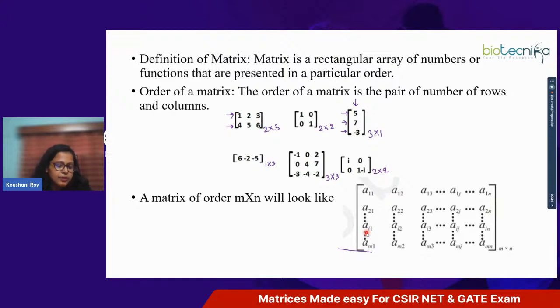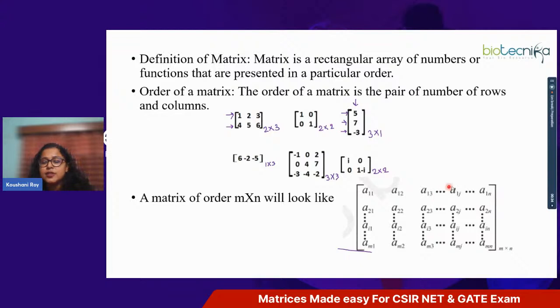Great, let us move forward with the concept of the order of a matrix. Here we have m rows and n columns.